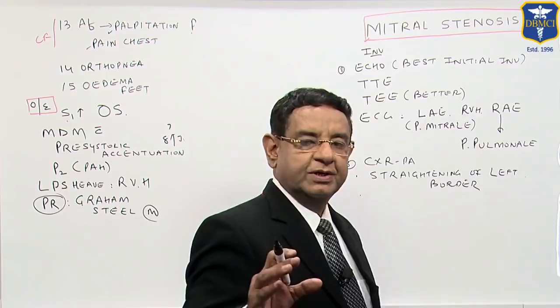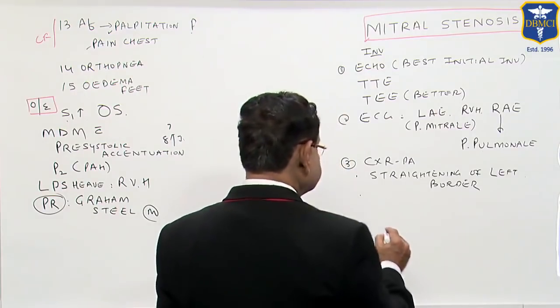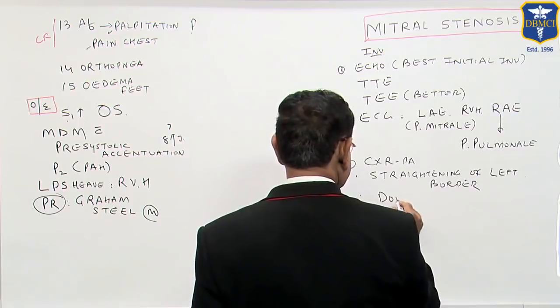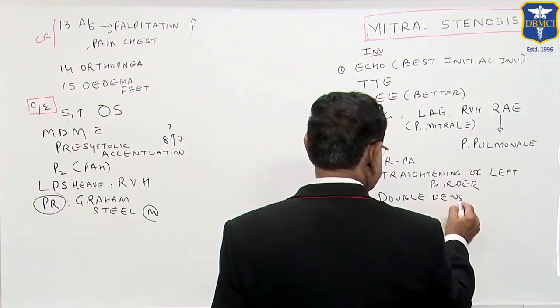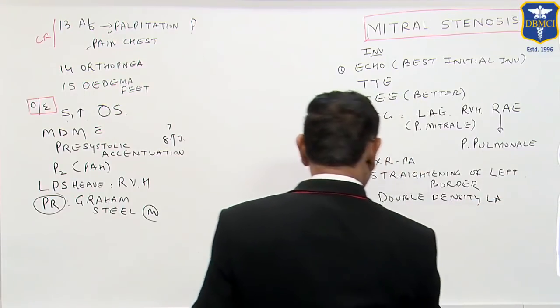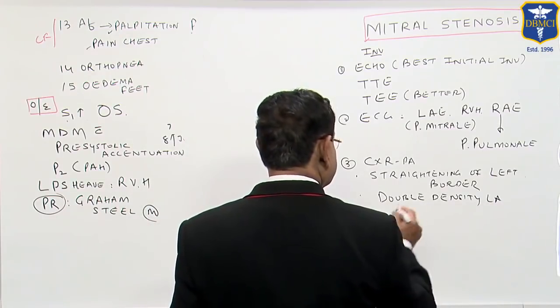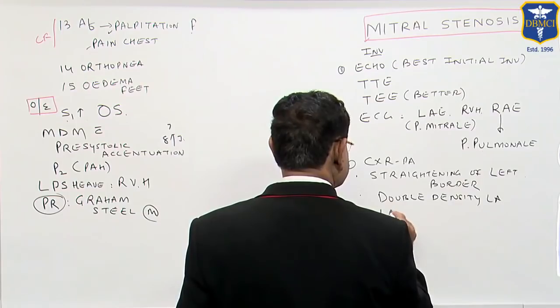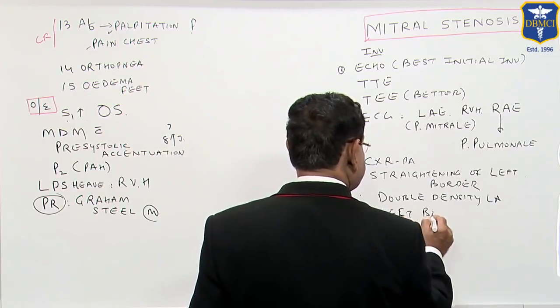Then LA gets enlarged, so you get a double density picture of the left atrium. Then the left bronchus is elevated.